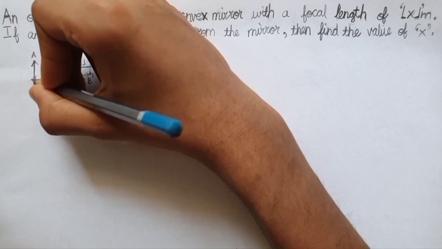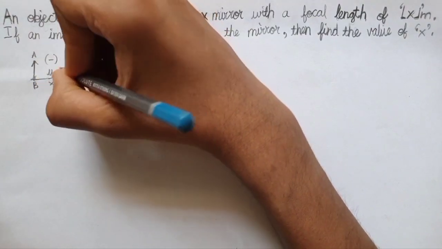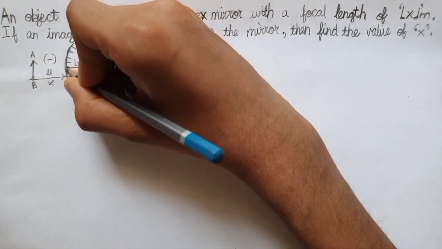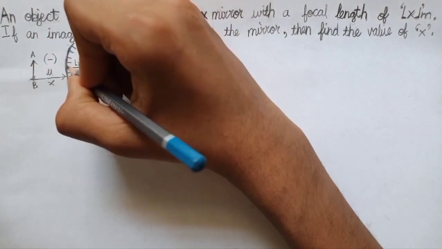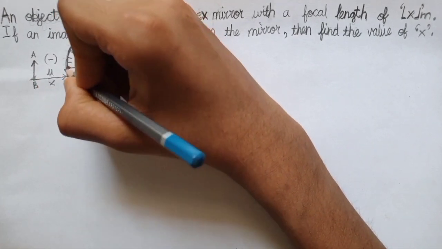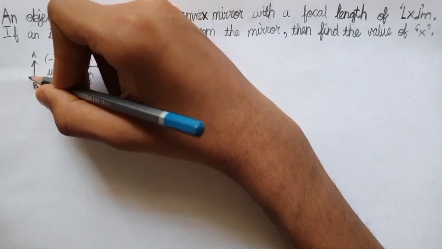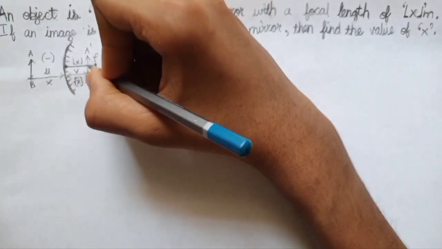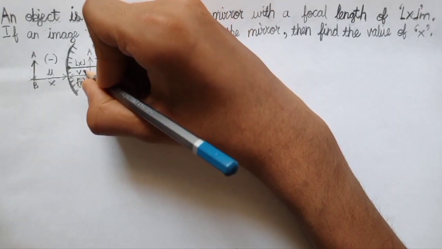Since it's on this side of the mirror, it's opposite to the direction of the incident ray. Because the distance is measured from here. Since the incident ray travels from here, like this, and we measure it like this, which is opposite to the direction, u is negative. And v and f are in the direction of the incident ray, so both of them will be positive.